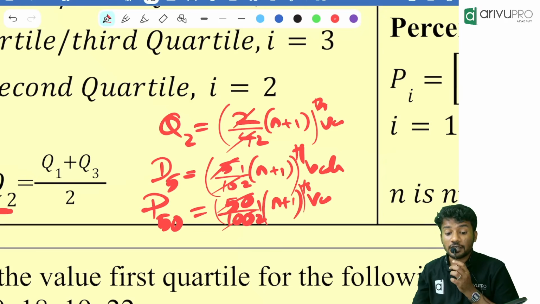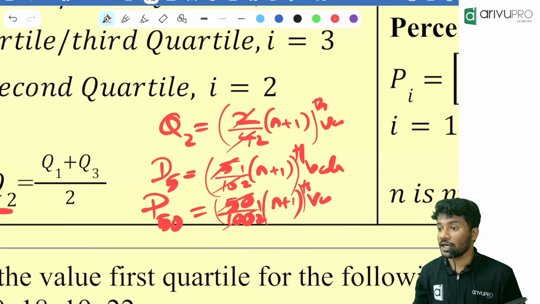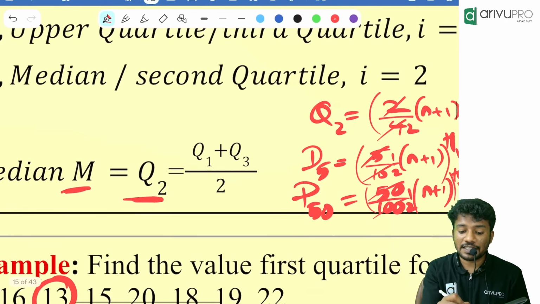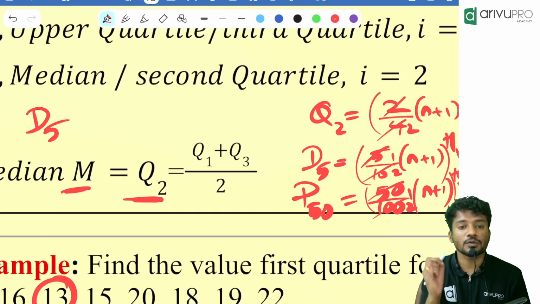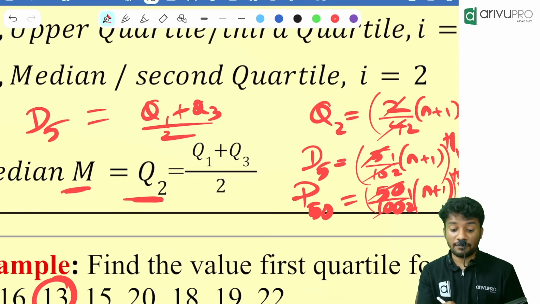How to find the median when Q1 and Q3 are given? Take the average of Q1 and Q3. How to find Q2 when Q1 and Q3 are given? Average of Q1 and Q3, that is Q1 plus Q3 divided by 2. How to find decile 5? Q1 plus Q3 divided by 2. How to find percentile 50?